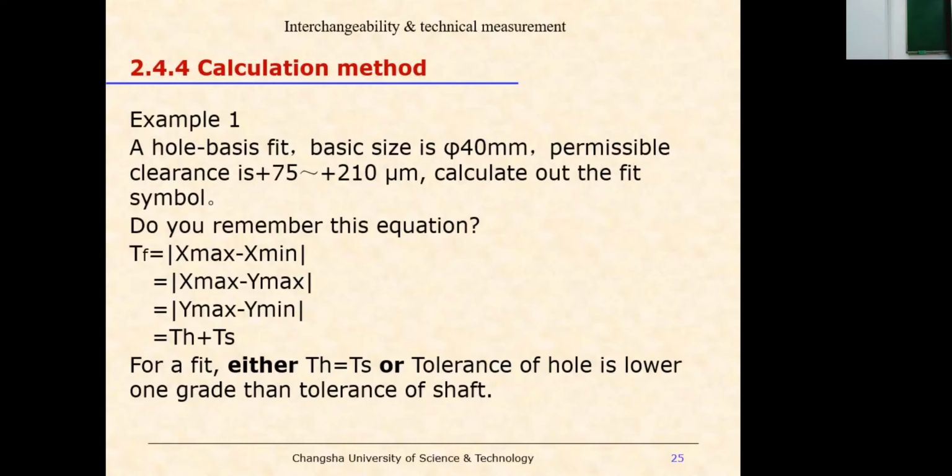I got a vision. What is the maximum? The maximum here. But when you design this, what is the maximum here?